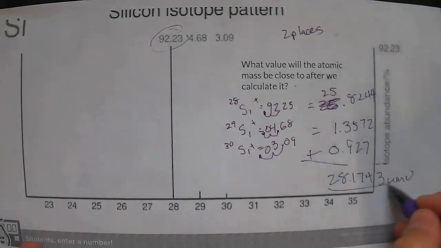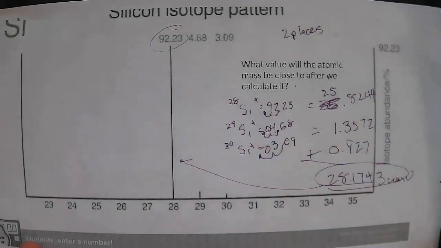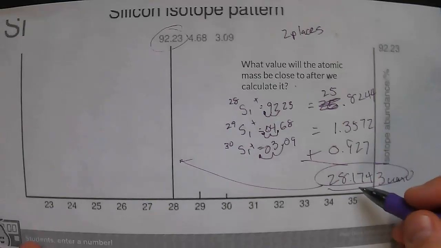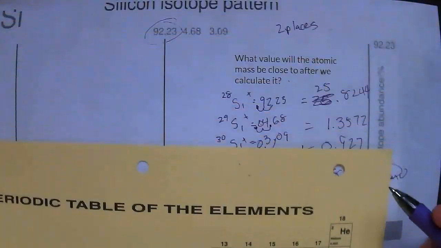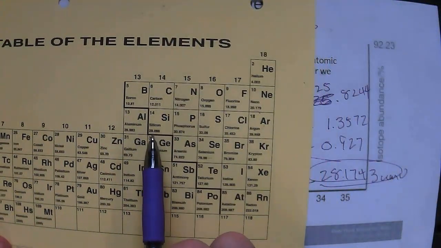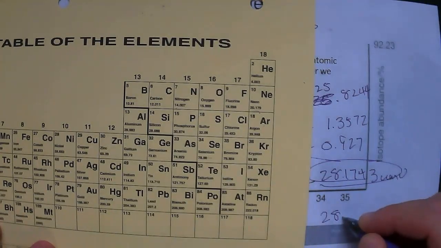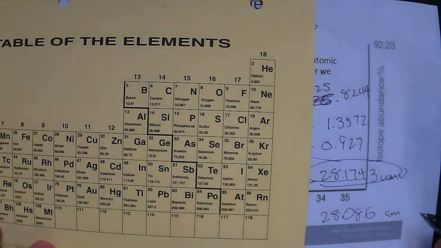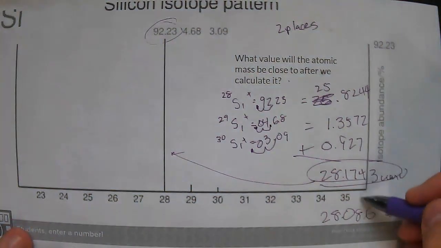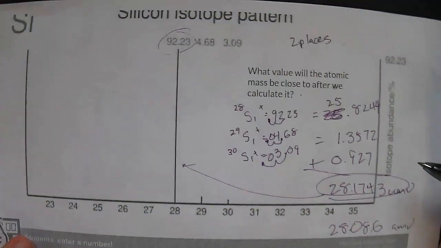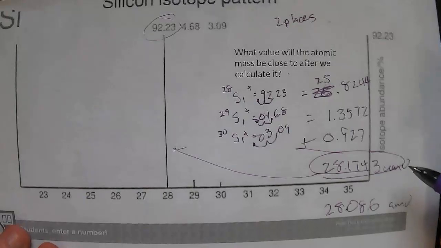First of all, 28 is what we were expecting, a number very close to 28. The second thing is we can go to the periodic table and look at silicon. Silicon is 28.086 AMU. The reason they're different is because we did some rounding to make our numbers work out a little easier for us.